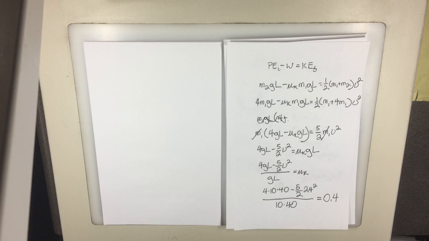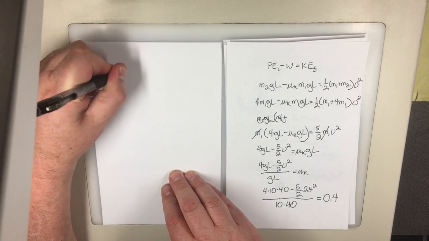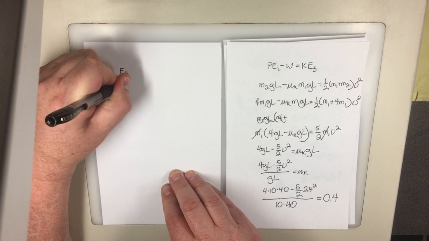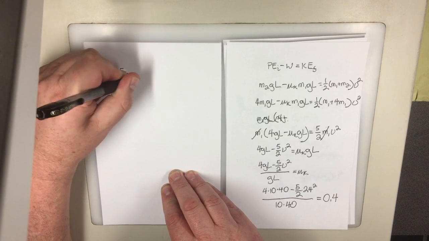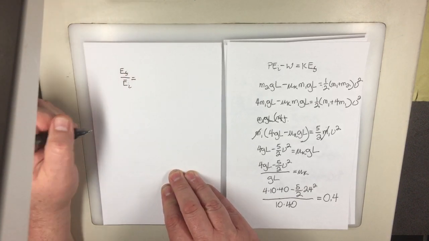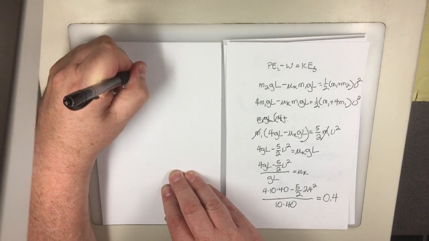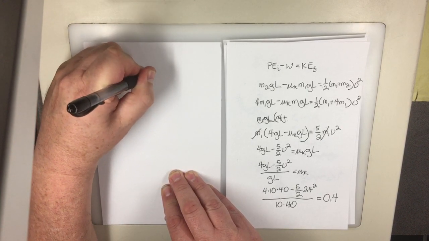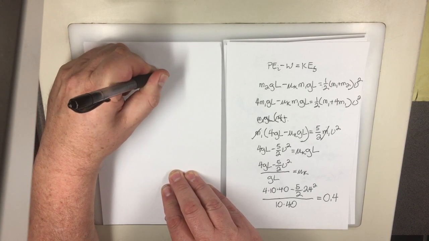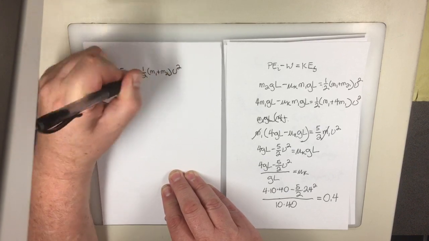The last part of this problem, the remaining energy fraction, is E_F over E_I. The final kinetic energy is 1/2 (M1 plus M2) V squared.